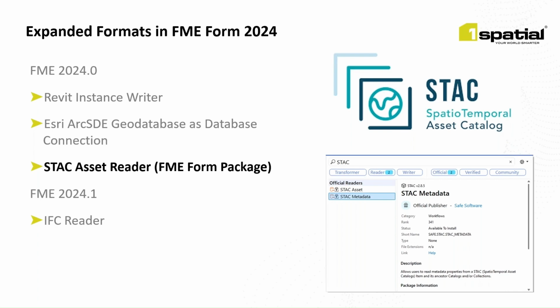The metadata reader is new, the STAC Asset reader is existing, and the new STAC Metadata reader enables FME to read the metadata properties from an asset catalog and also read more information into a workspace on its ancestor catalogs and collections.